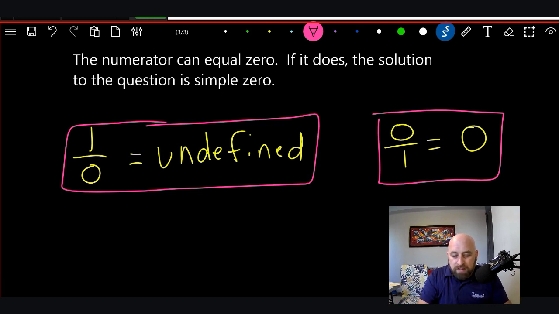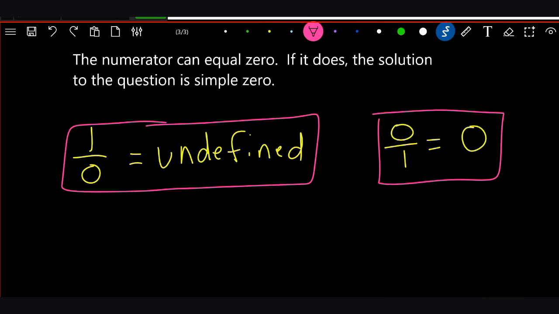Because if you said 0 divided by 6, if we actually did that problem, how many times does 0 go into 6? Well, it goes 0 times. And so the answer is just 0 to that problem. But with the undefined, you can't divide something 0 times. Like, for instance, I can't say, what is 6 divided by 0?